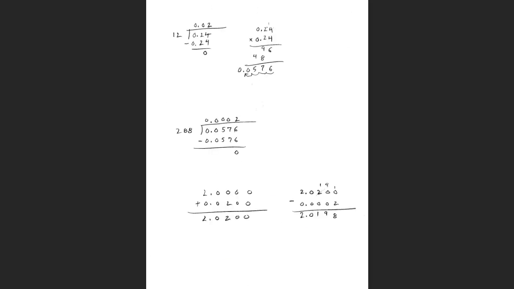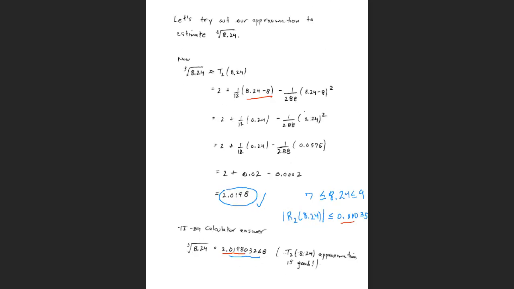On the next page, I'm just showing you that I did all the math operations involved in getting the Taylor polynomial answer of 2.0198 by hand. Everything in here, all the little operations you've learned how to do, probably since middle school or grade school, right? And so you see, this is how we get things done in math.